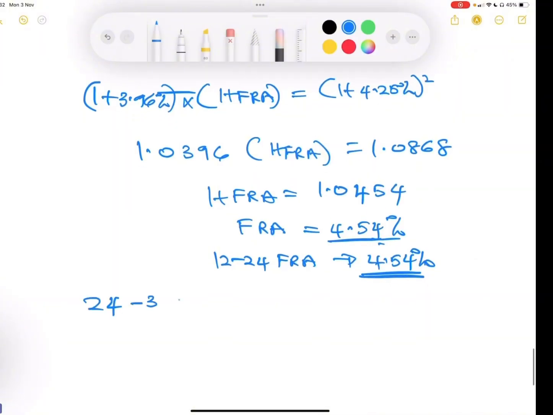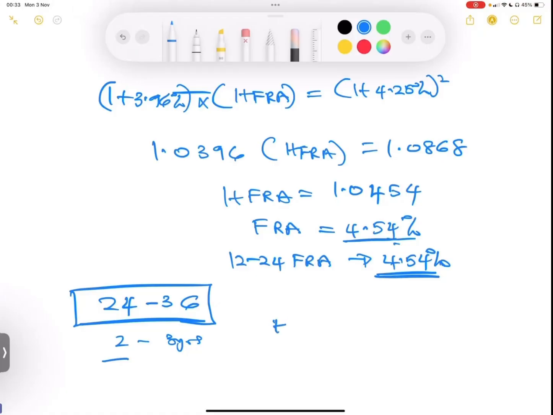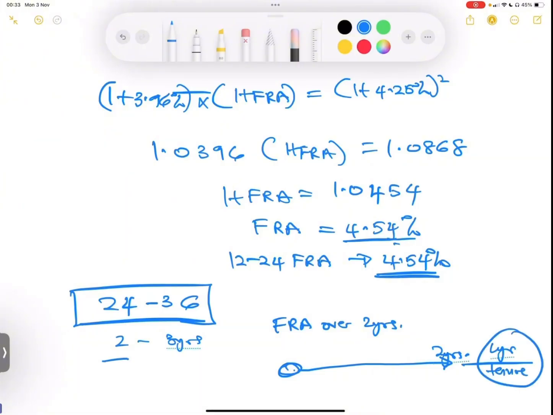Can you try 24-36? So we're saying that this is FRA over 2 years. Today we want to go into an FRA that will expire in 2 years. However, the transaction that we need that FRA for has a tenor of 1 year. So the loan is 1 year, but we are doing FRA over 2 years before the loan is taken.